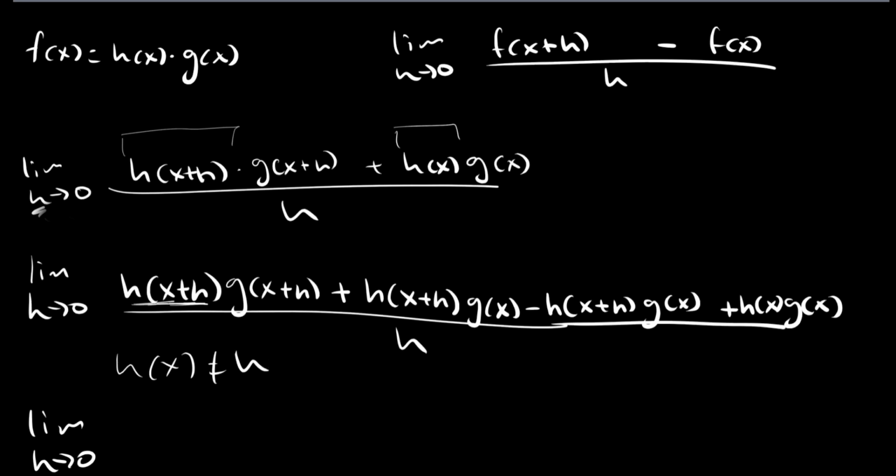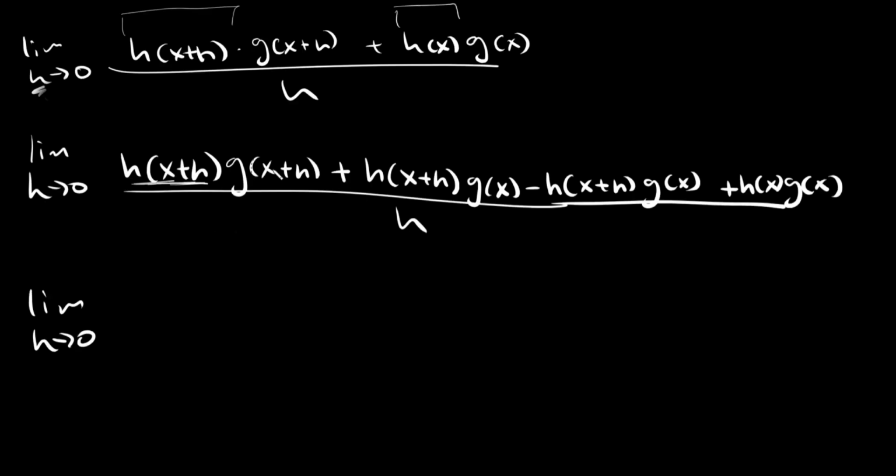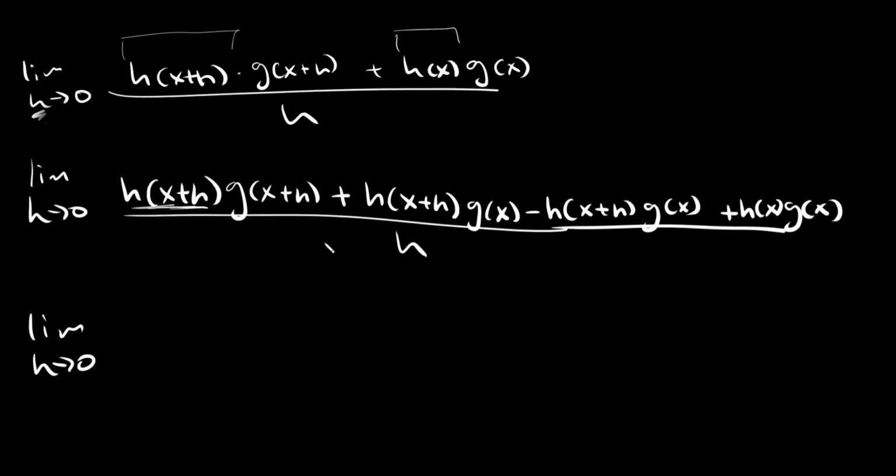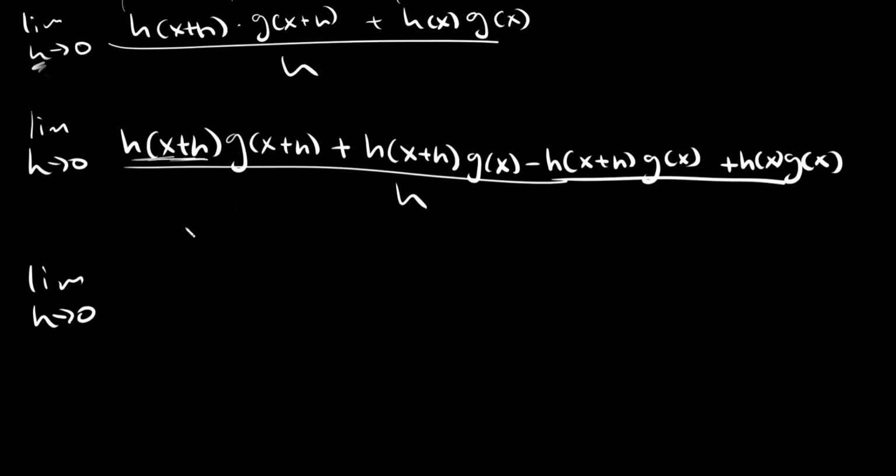Just be careful of that. My h prime of x could be any function. I could have used z prime of z of x plus h. Right now I have chosen h. What my h represents doesn't matter. My h represents a function and my g represents another function. For example, my h can represent x to the power of 2, and my g can represent x to the power of 3. I just want to make this clear enough.